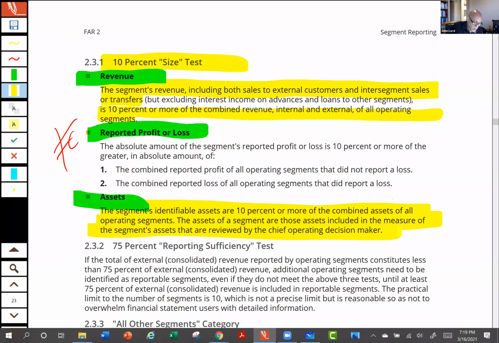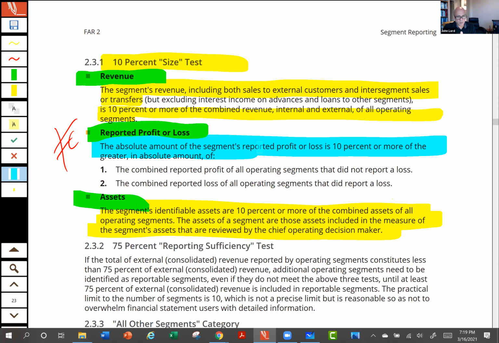Okay. Reported profit or loss. What am I going to do here? Well, now I'm going to group all of my profit segments together, add up all those profits, and then I'm going to take all my loss segments and group them together and add up all those negative numbers and come up with that big negative number.